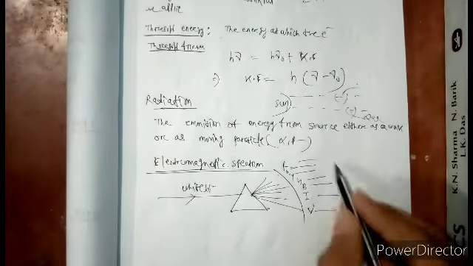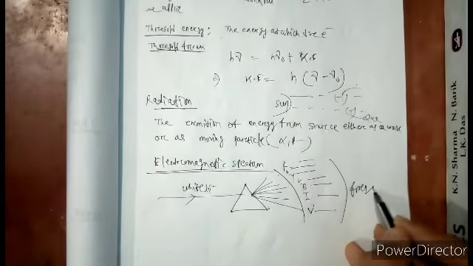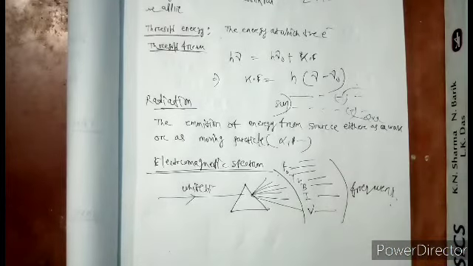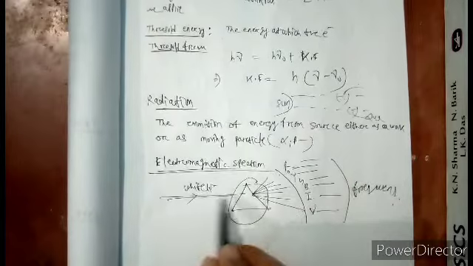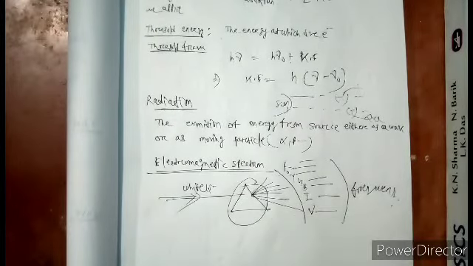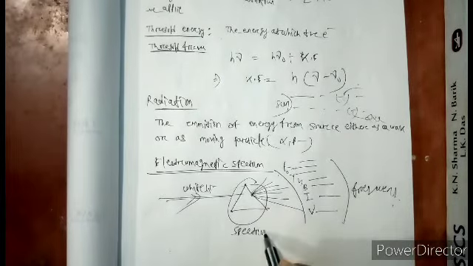These have different frequencies. The device which is used to break up white light into 7 constituent colors is called a spectrometer.